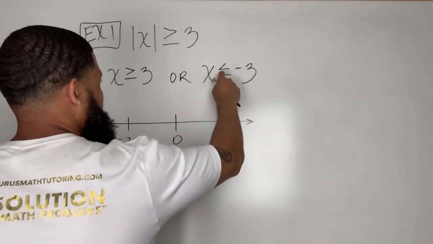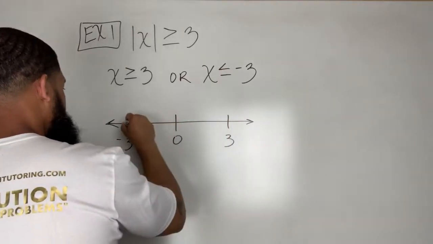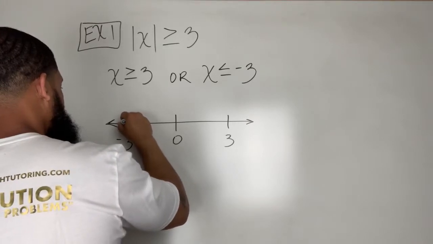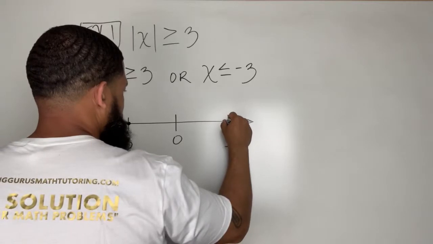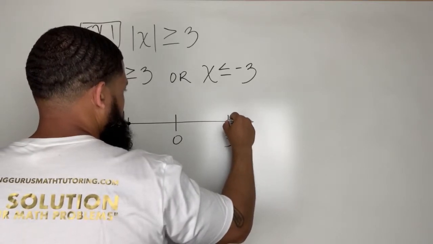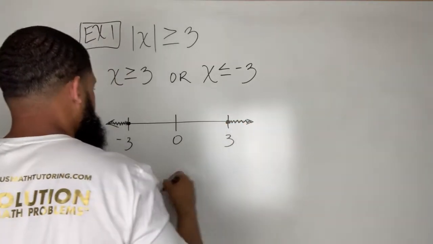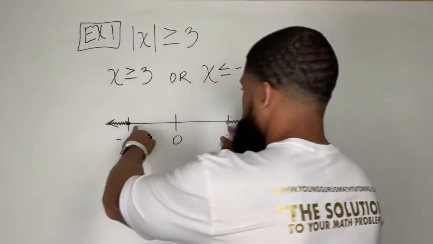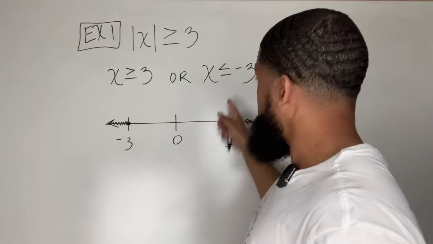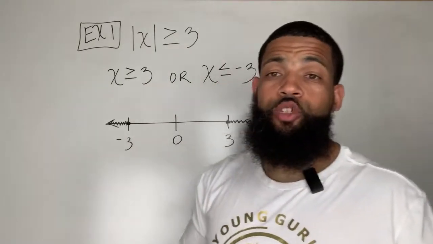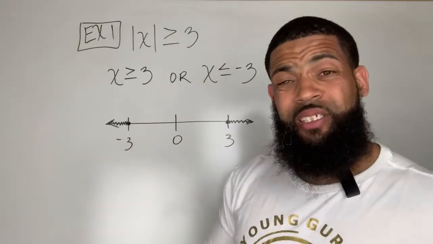If x is less than or equal to -3, we shade on the outside. If it's greater than or equal to +3, we have a closed circle, and we shade on the outside of that. Notice both of these have a closed circle because +3 as well as -3 is included in your solution. Now that's a basic example.